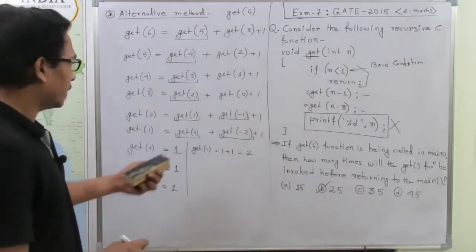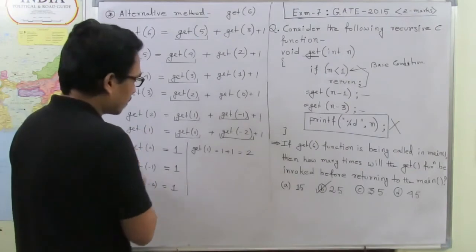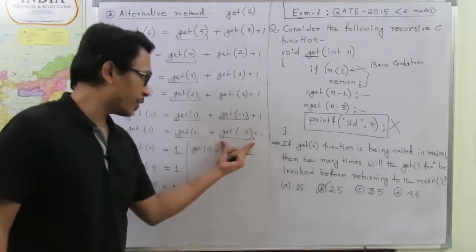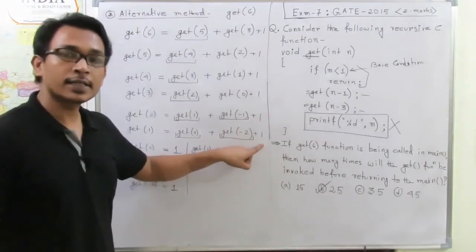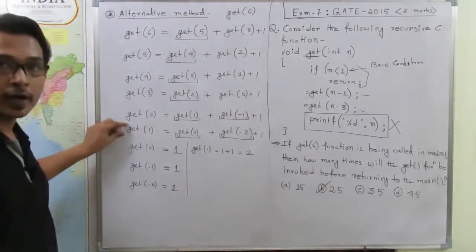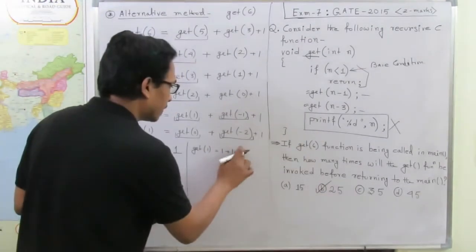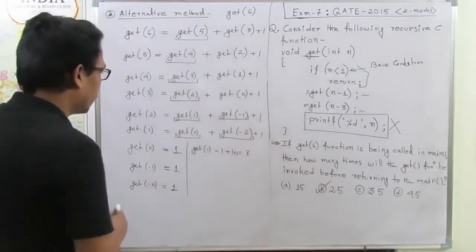So here, inside get 1 we have get 0 plus get minus 2 plus 1. This 1 is for this particular function call, the get 1 function call. That means the total number of function calls will be 3. Now for get 2.